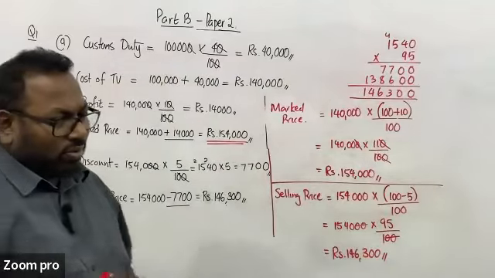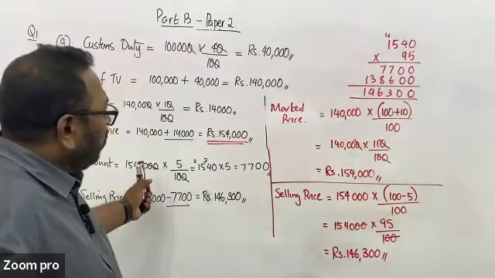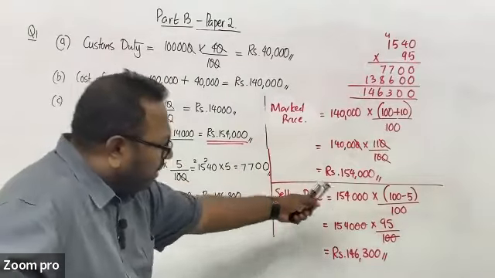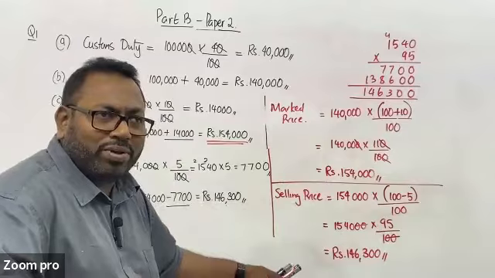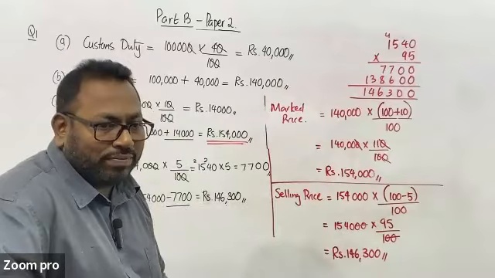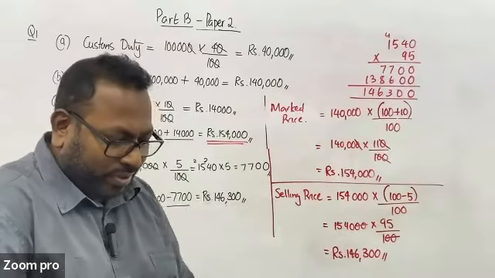Got it? Okay. So you can do it in both ways, but since you are in grade 10, slowly learn to do it this way because it's going to help you save time. Okay. Right.